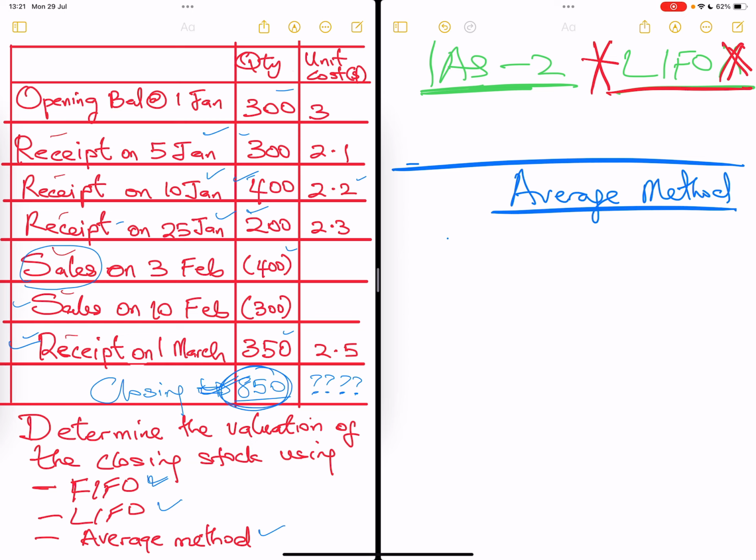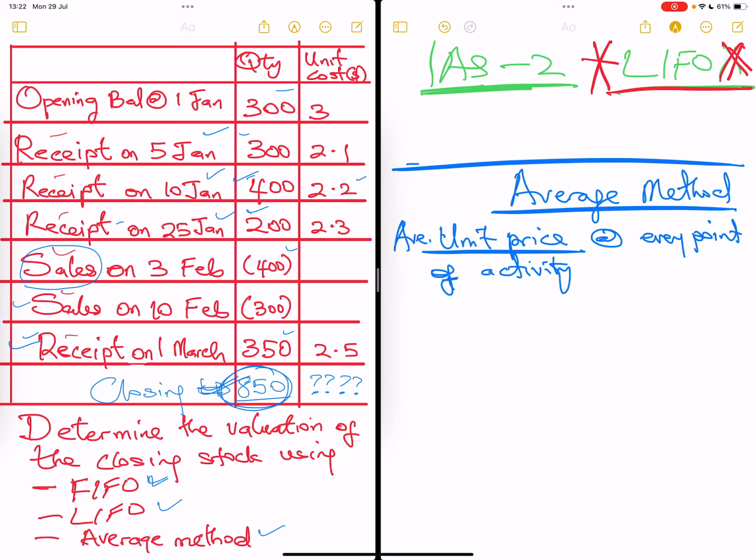Here your objective is to be able to calculate the unit price at every point of activity, because it's the unit price that you know after the activity that you need to use if there's any sale going on. I'm going to demonstrate it to you. So let me call it average unit price so that it's clear every time.